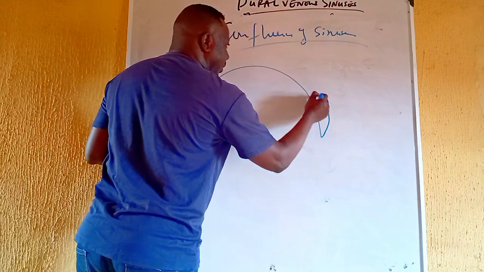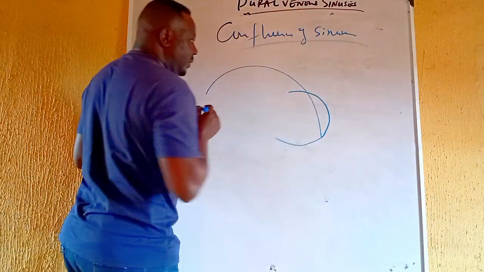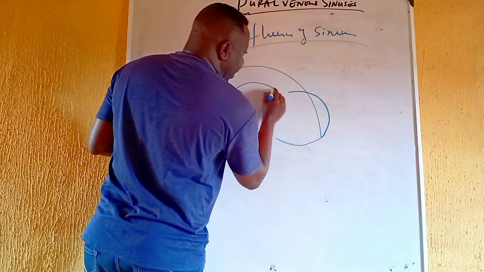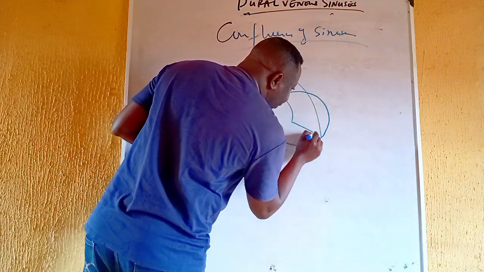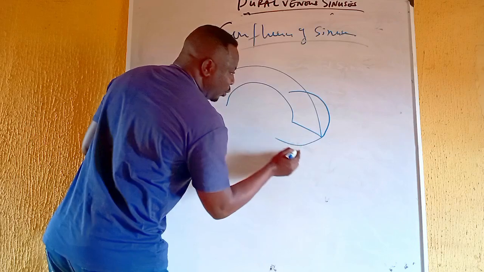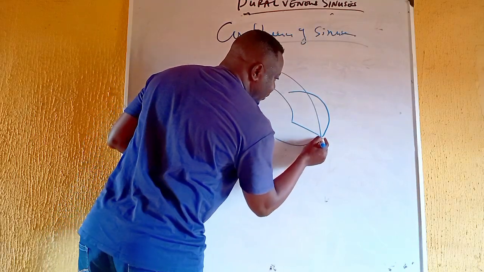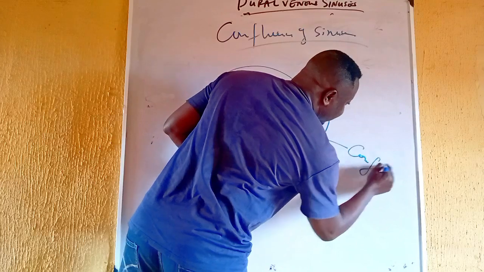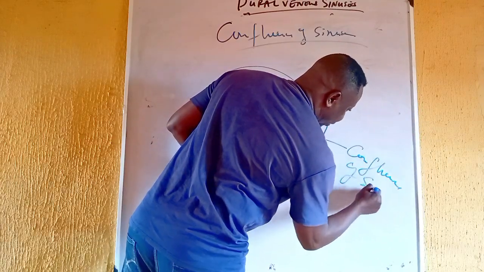The superior sagittal sinus drains into the transverse sinus, and of course, the inferior sagittal sinus becomes the straight sinus, and of course, we also have the occipital sinus. So this area is referred to as the confluence of sinuses.